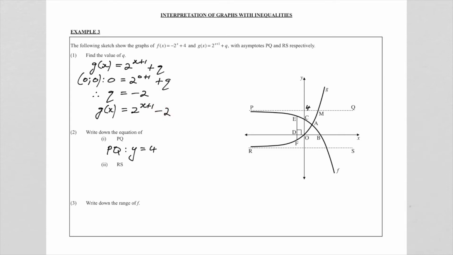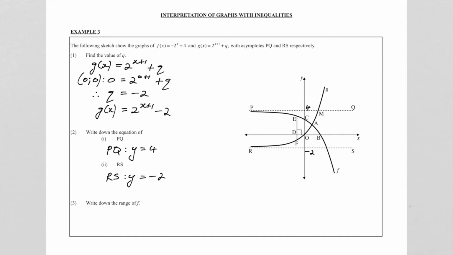So it means that the g graph moved 2 units down. So that means that this asymptote will be at negative 2. So we can now say that the equation of RS will be y = -2. And those two equations represent the equations of the two asymptotes of the two graphs given to us.